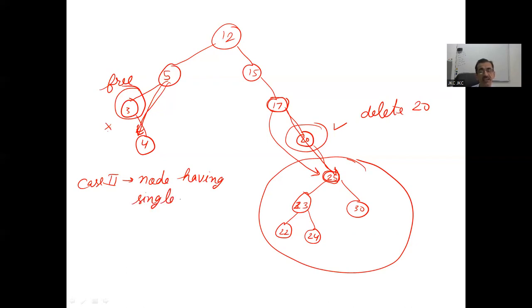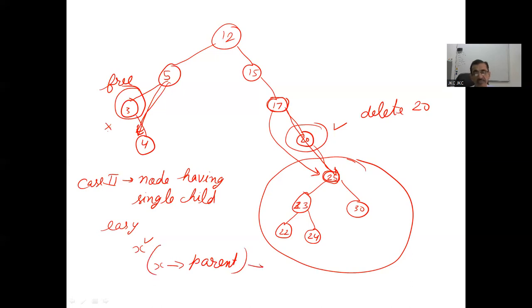So for a node having a single child, again, the deletion will be easy. What I have to do, if I want to delete some node X, is go to the parent, X's parent.